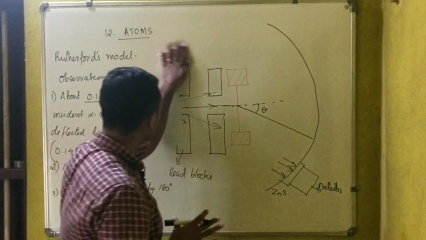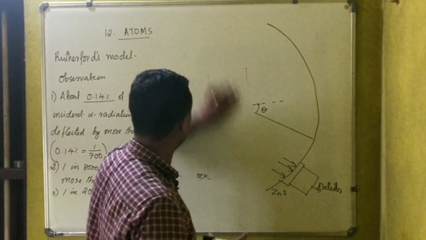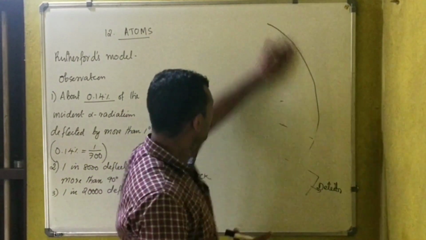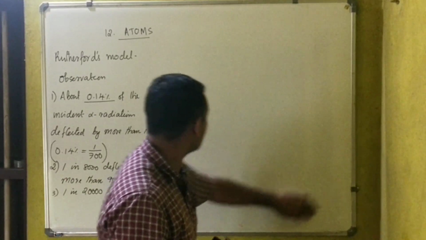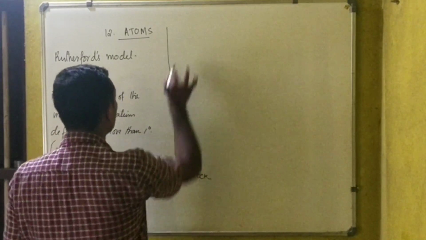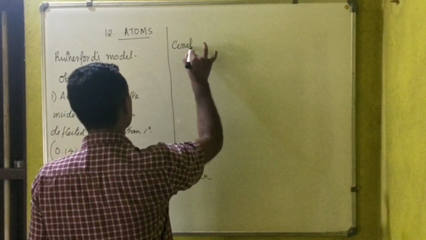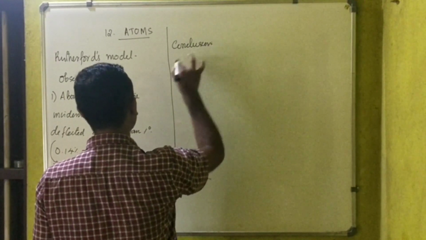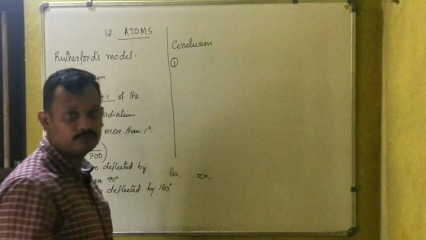Then my question, let us come to the conclusions. Conclusion number 1. Why are these numbers very few?